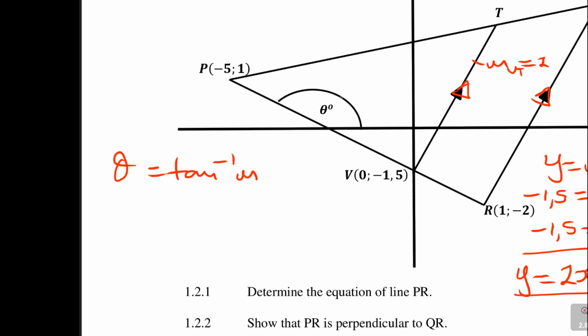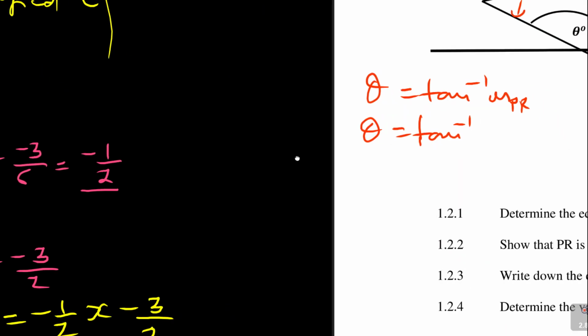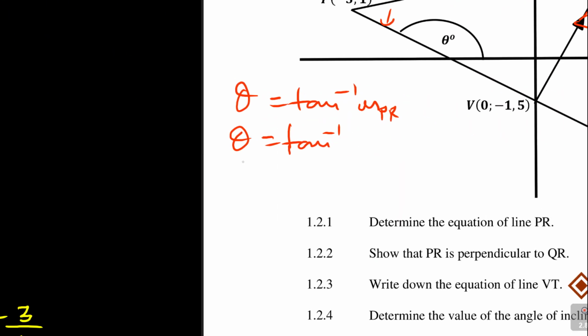Since this inclination is linked to line PR, m is the gradient of PR, which I calculated here as -1/2. But since it's negative, I'll say theta reference is arctan of 1/2. Forget the negative for now and find the reference angle.